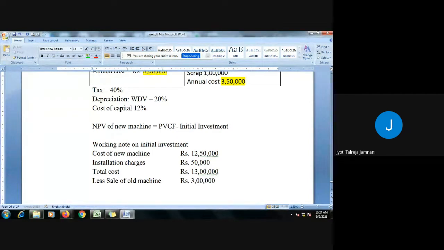So my initial investment will be rupees 10 lakh. So 10 lakh rupees is our initial investment. So this was our first working note. I hope everybody is clear. If you have any doubts, please ask.